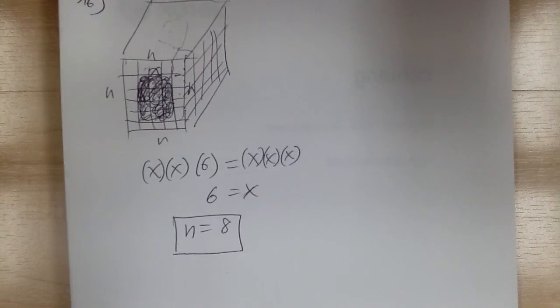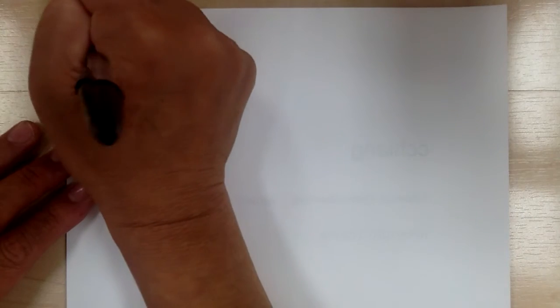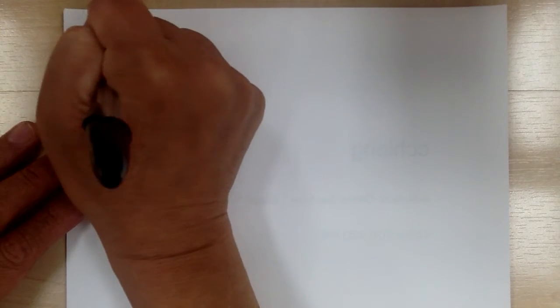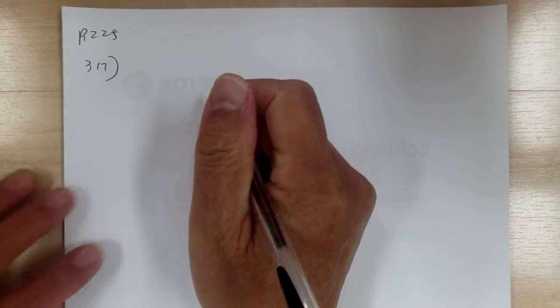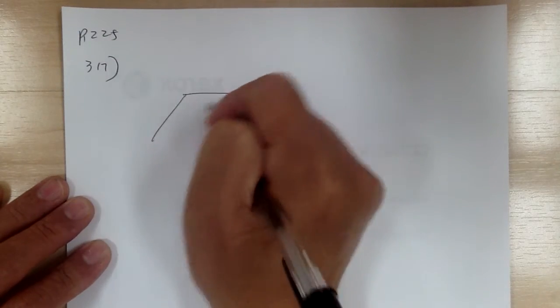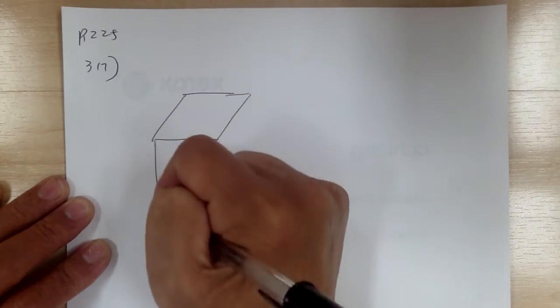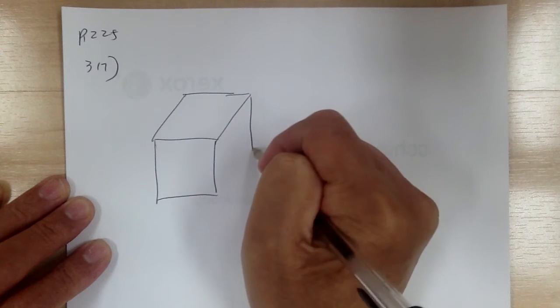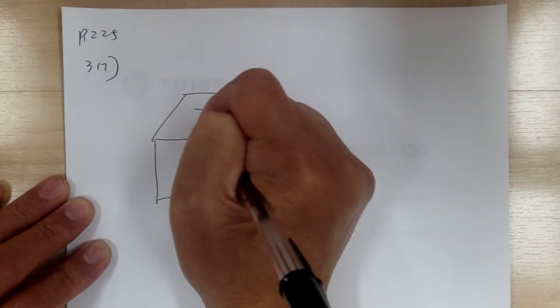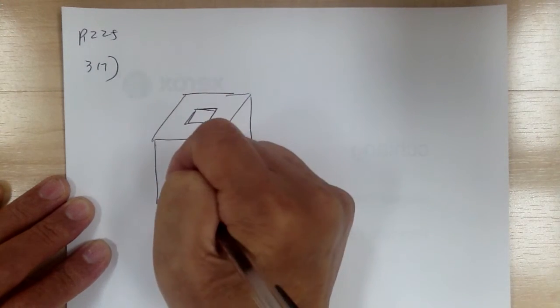Okay, let's go to 317. Okay, 317, the picture is given. So you have again a cube, and a smaller cube is cut out.